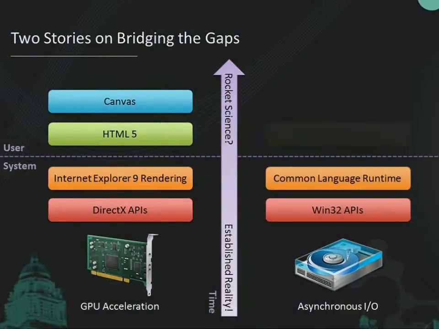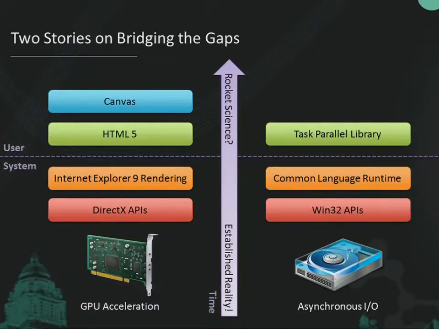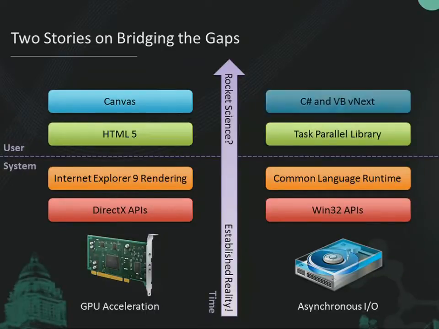So we had Win32 APIs, we had the Common Language Runtime exposing this stuff. Later we had some abstractions in the Task Parallel Library. But the thing is, it took almost 20 years before we implemented something at the language level, being C# and VB in the next version, having async feature support to do asynchronous computations right inside the language.